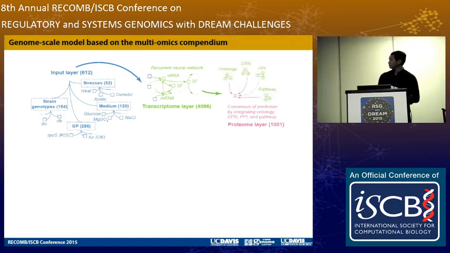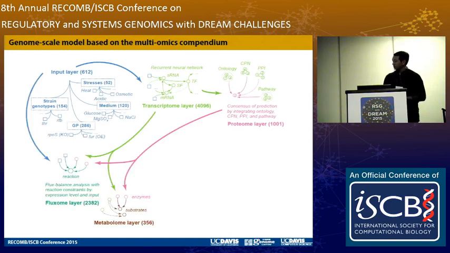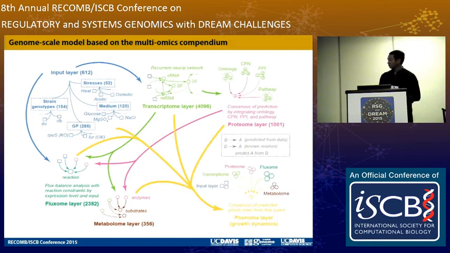Then this information goes into the proteome layer that predicts protein expression levels on genome scale using 4 different network information. And then we go to the fluxome layer and metabolome layer to predict metabolic fluxes and concentration of metabolites from input, transcriptome, and proteome layers. And finally, we go into the growth dynamics in the phenome layer to predict the growth dynamics by combining all the information from the 5 different layers.